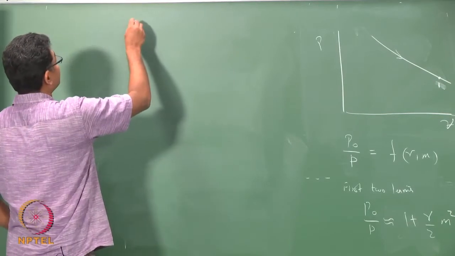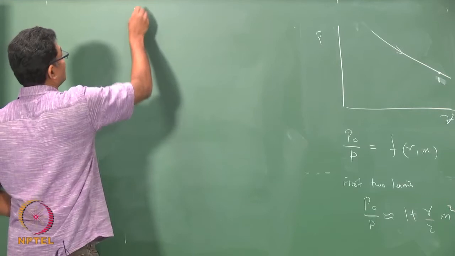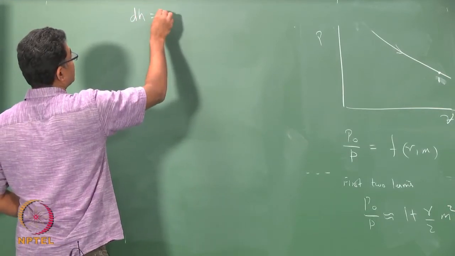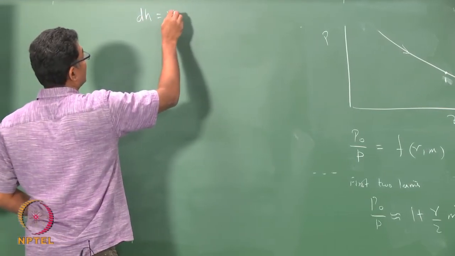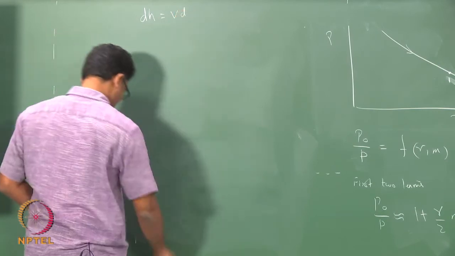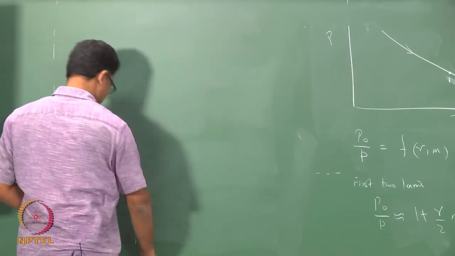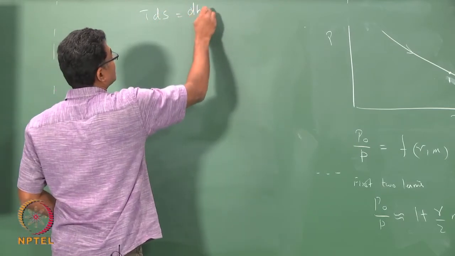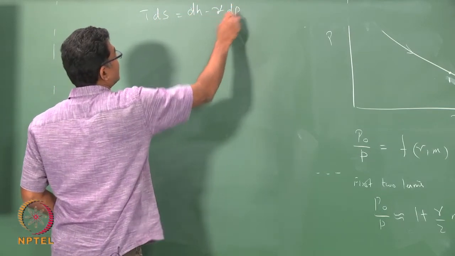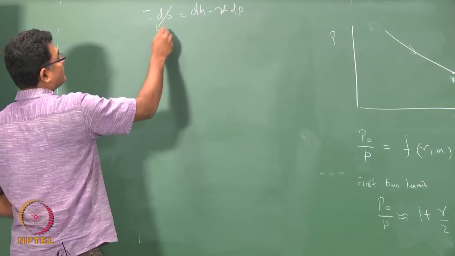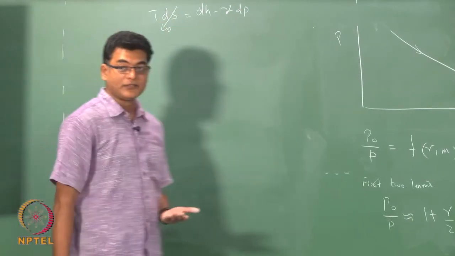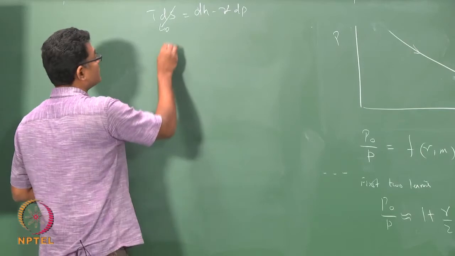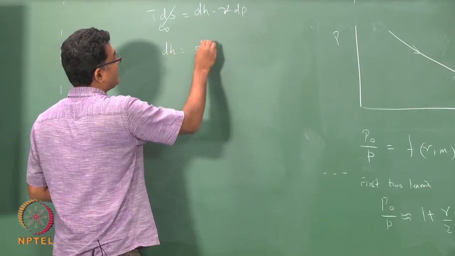So we had written dH equals V dP, TdS equals dH minus V dP. We assume the process to be an isentropic one, so this is 0. So my dH is dP by rho.